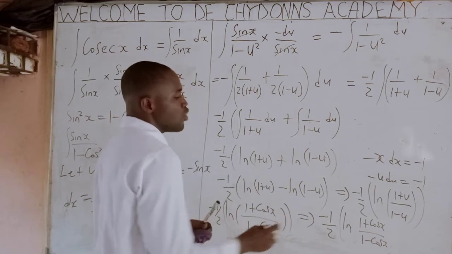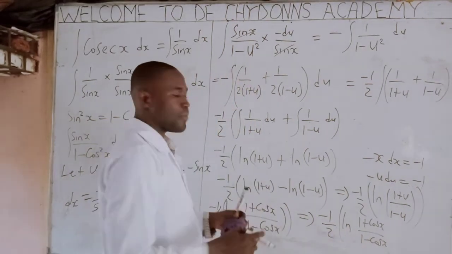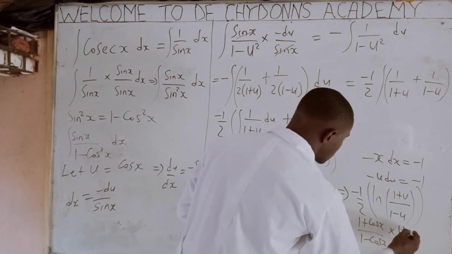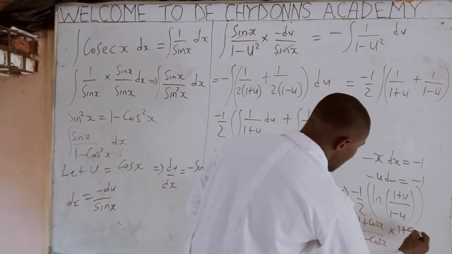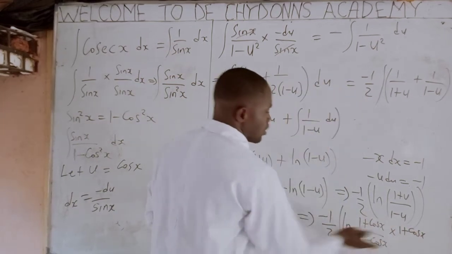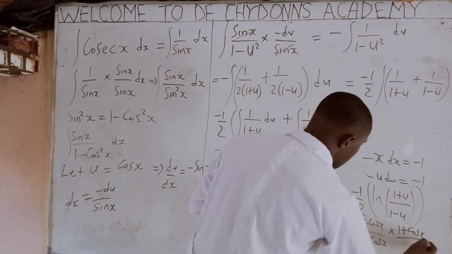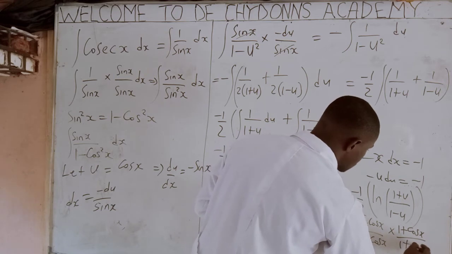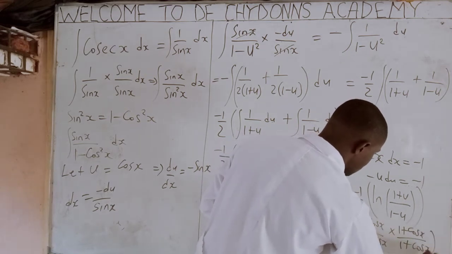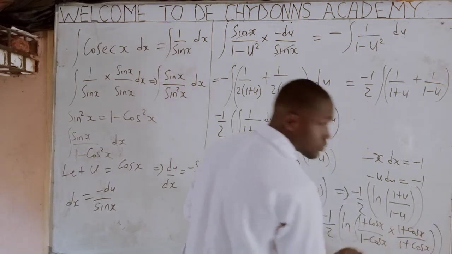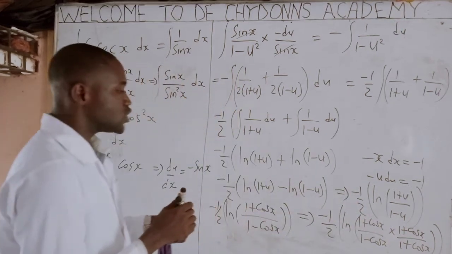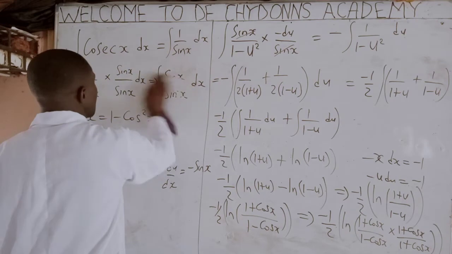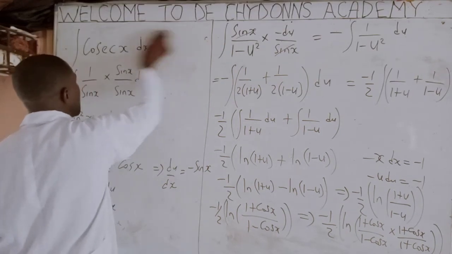I ask myself, what is the conjugate of 1 minus cos x? It is 1 plus cos x. So I multiply by 1 plus cos x all over 1 plus cos x. Let's continue from up here.